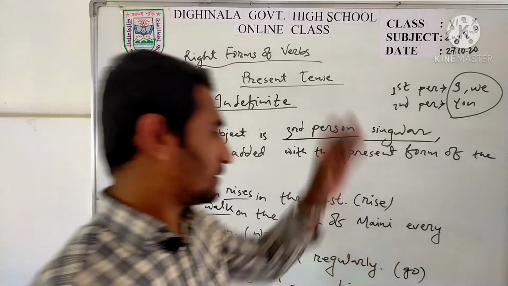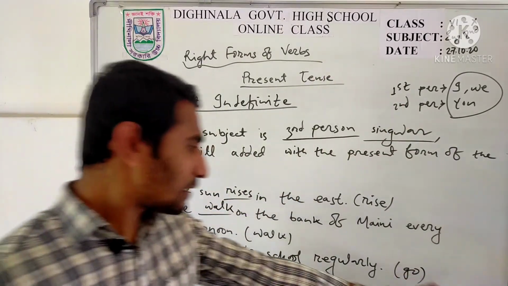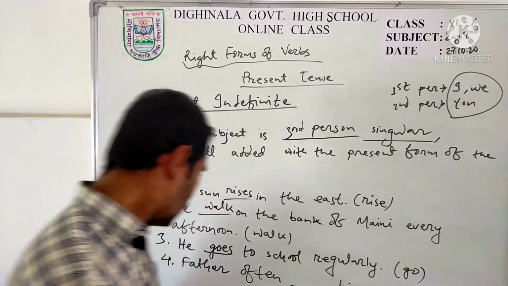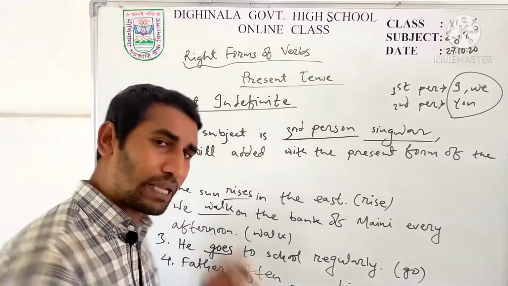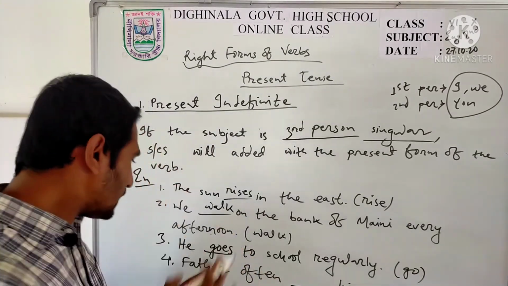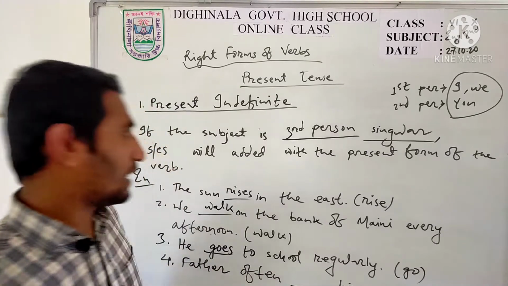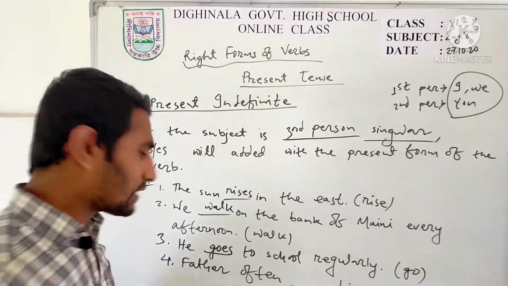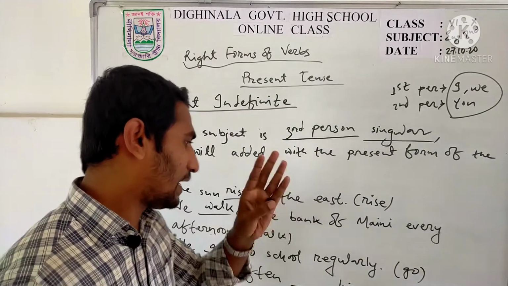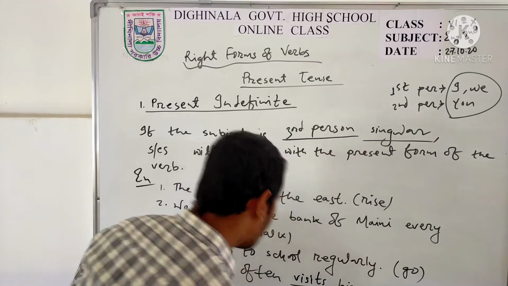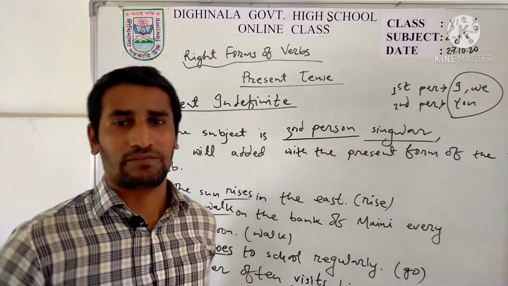Father often dash his sister. বাবা প্রায় তার বোনের সাথে দেখা করতে যায় বা বোনের বাড়িতে বেড়াতে যায়. So there is often, it is an indication of being present indefinite tense, and you have to find out whether the subject is third person singular or not. There is father, and father is not in this list, so father is third person and father is singular. So you have to put an additional s after visit. So you have to write here, father visits his sister.